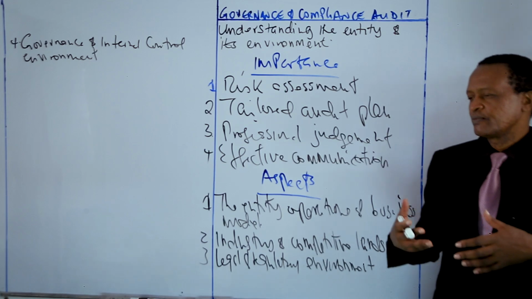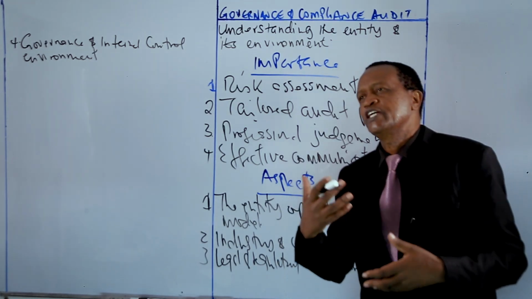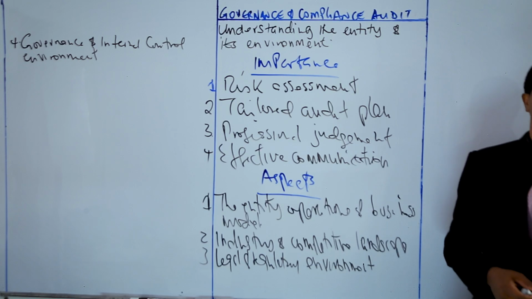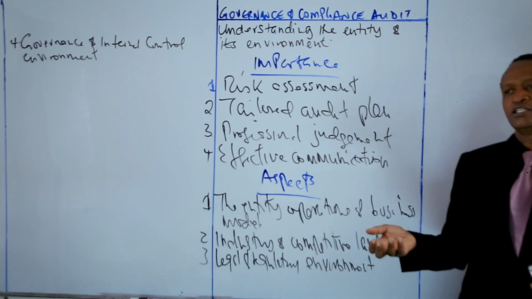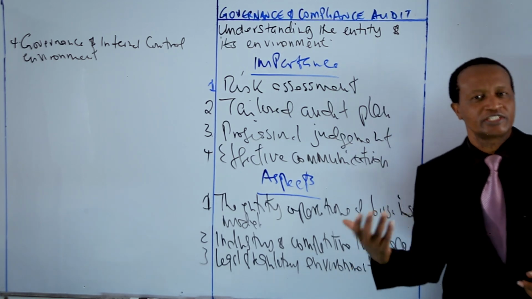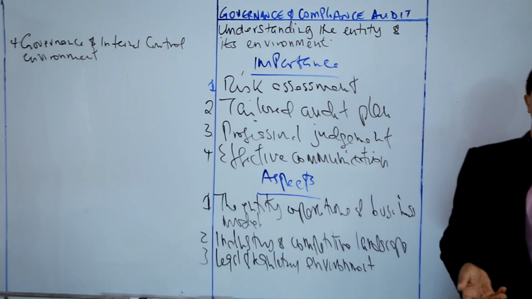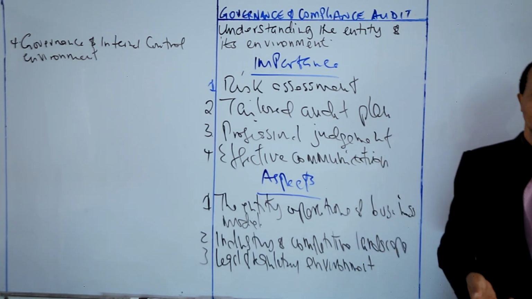There could also be review of internal documents. The auditor may examine the company's internal documents such as the strategic plans, risk registers, internal audit reports, as well as policy and procedure manuals.